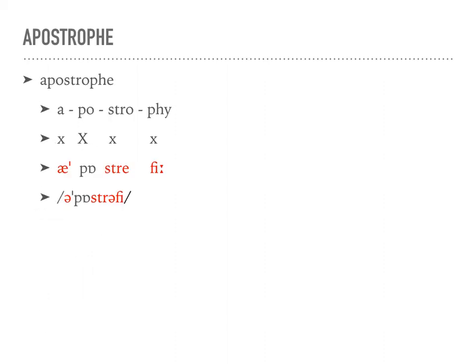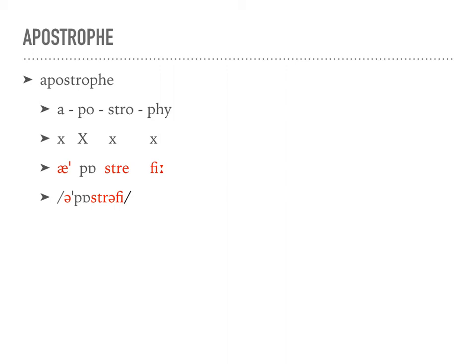If we look at apostrophe and we break it down into the third step, we would say apostrophe. So I haven't used a schwa. I've written down every single noise, as if I were to say those noises individually, each syllable individually.